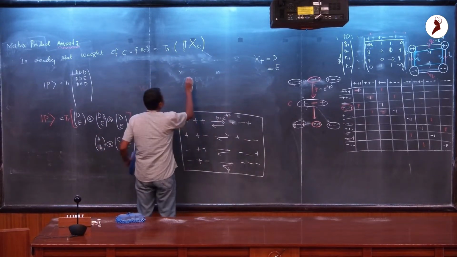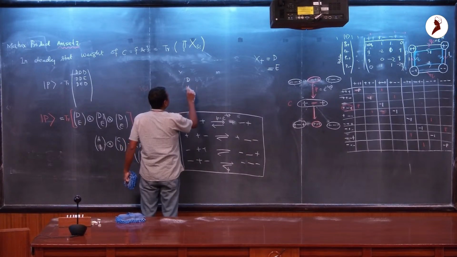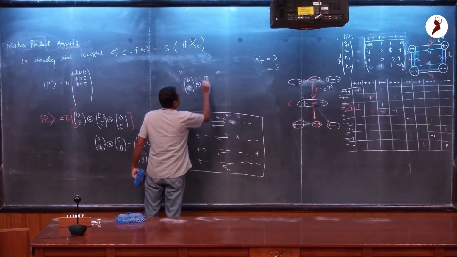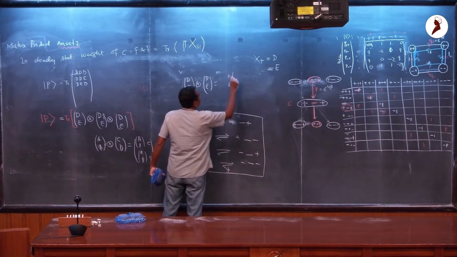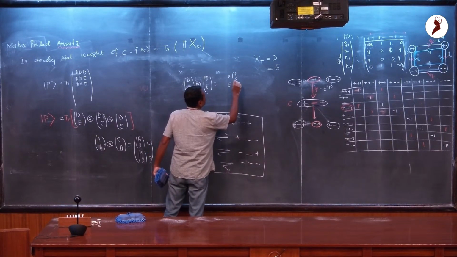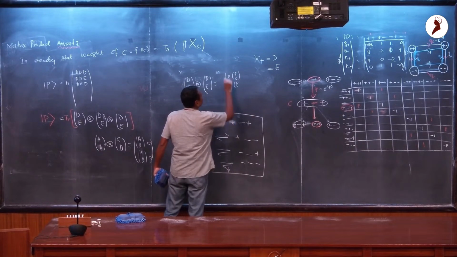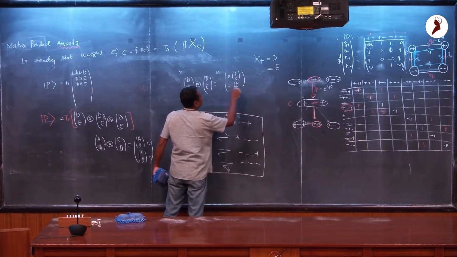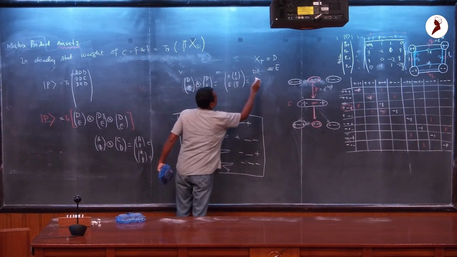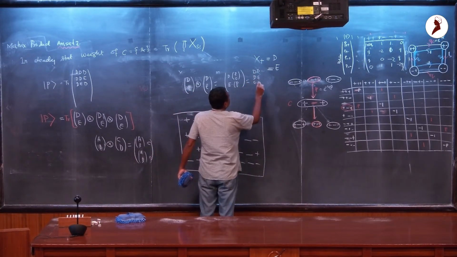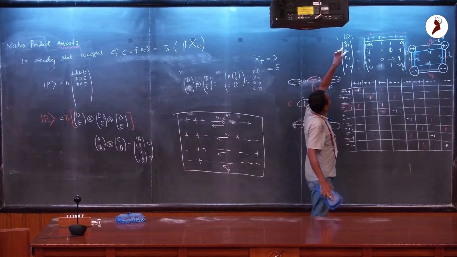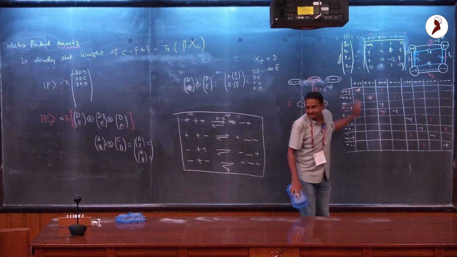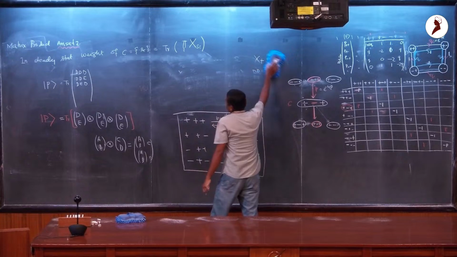So DE cross DE equal to DD, DE, and each of them is again DE times DE. It's a simple product. So that is DD, DE, ED, EE, and then I have a trace outside. So I will get P plus plus, P plus minus, P minus minus, P minus plus, right? So P vector is like that.